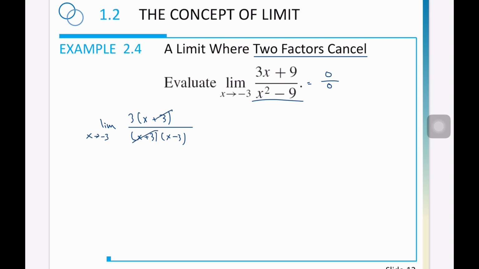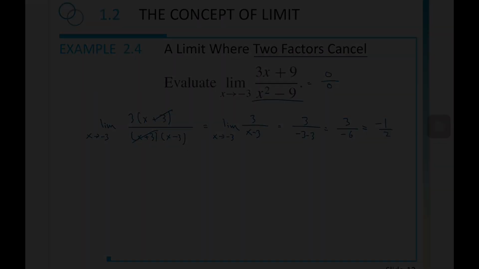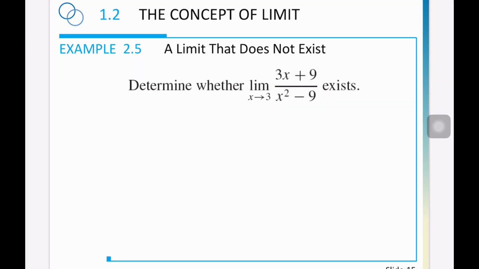We cancel these, and we have the limit of 3 over (x minus 3) as x is approaching negative 3, which is 3 over negative 6, which is negative 1 over 2, negative half.